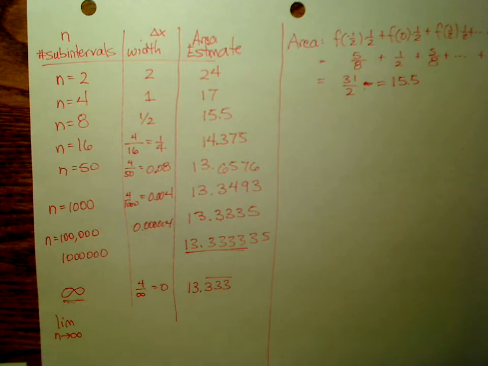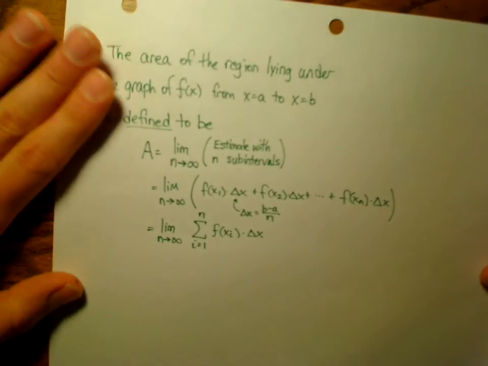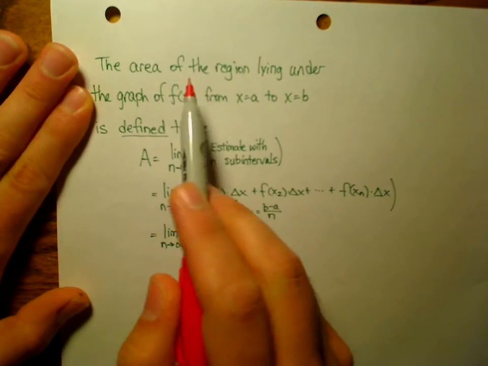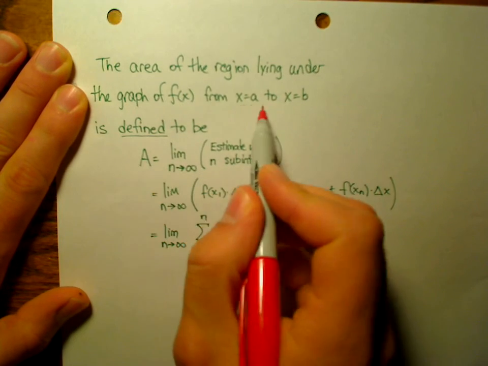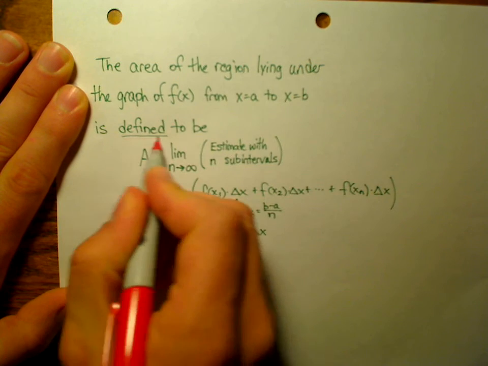Right. So the area of the region lying under the graph of f of x from x equals a to x equals b is defined to be this.